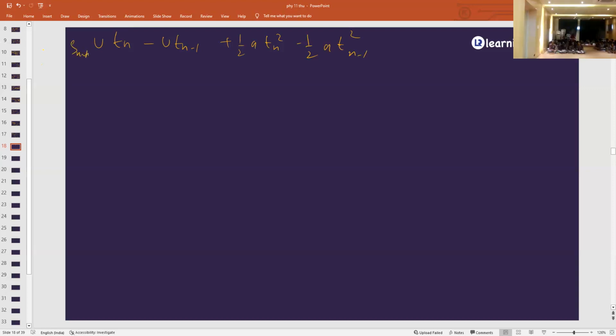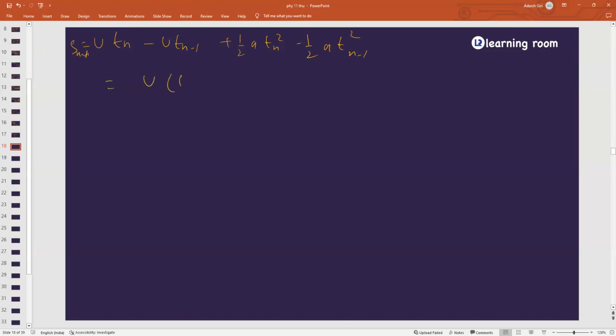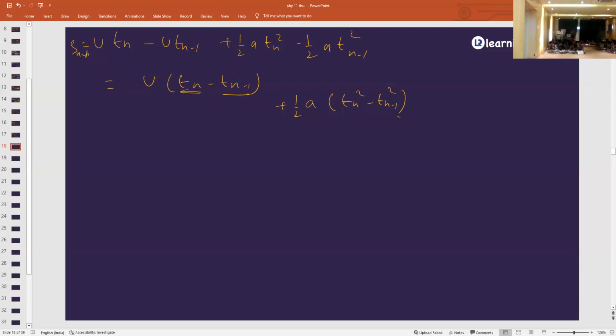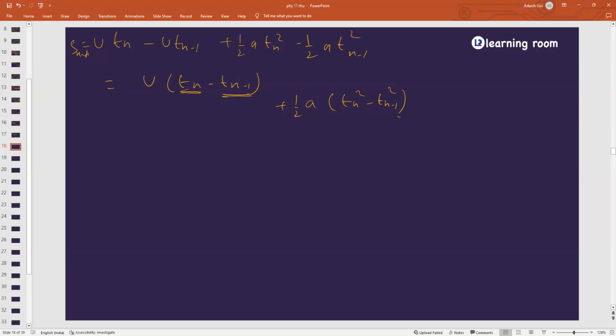Yes, sir. This is SNth. So this will be u common, tn minus tn minus 1, plus half into a common, tn square minus tn minus 1 whole square, right? So what is tn minus tn minus 1?